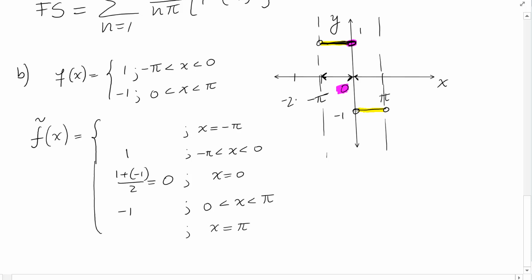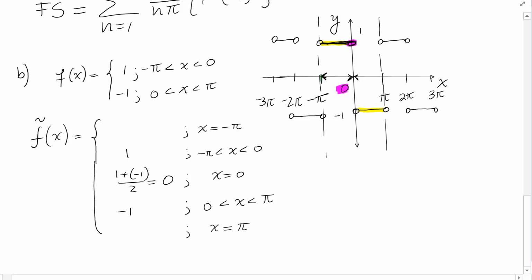So I'm going to go to negative 2 pi and negative 3 pi. The extension is going to look like this: still 1 between these, and then negative 1 in between these two. And I'm going to make an extension on the other side too, to 2 pi and 3 pi. So the graph is going to be 1 in between these two and negative 1 in between these two.